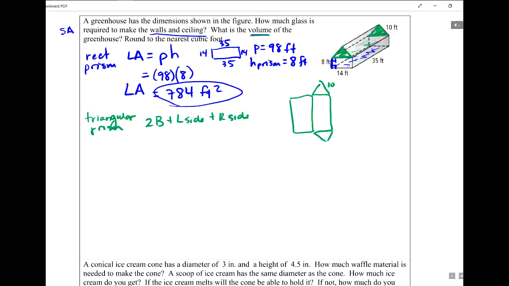Well, this one's 10 as well. And this is going to be 35. So that means this side is 10, this side is 10, this side is 35. And we don't know this length right here or the height of our pyramid.